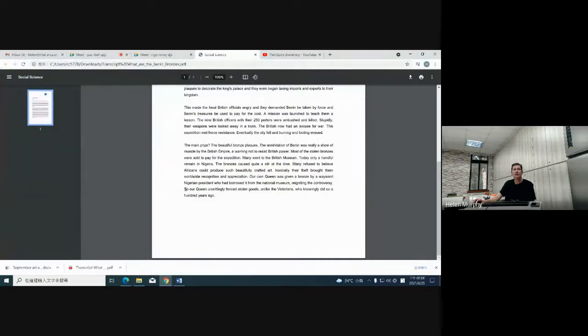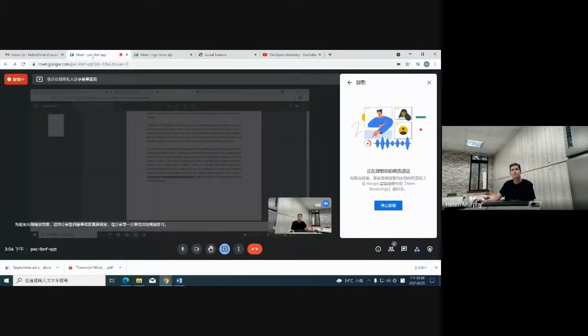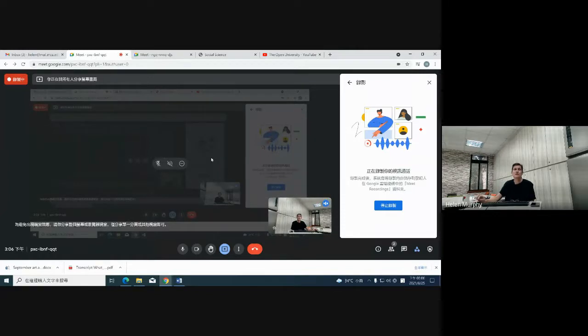When in the last sentence they said, so our Queen, obviously it's a British person who's speaking, unwittingly fenced stolen goods, when we talk about fencing stolen goods, we're talking about someone who receives stolen goods and then sells them on to somebody else.